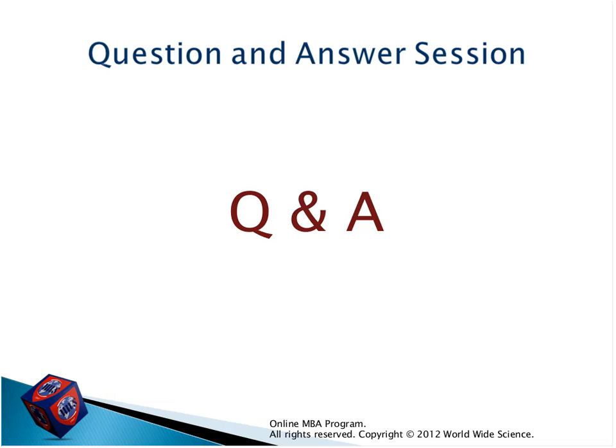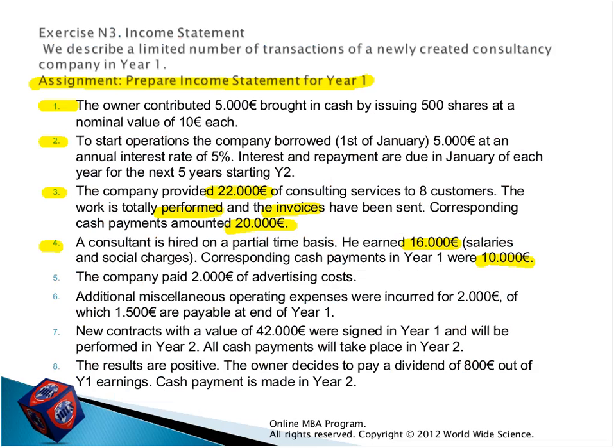Oh, sorry. One more explanation, because someone is asking me. Here we are a consulting company, right? We hired the consultant who already did his job, because we are preparing the income statement by the end of the year, right? He already did his job during the year.